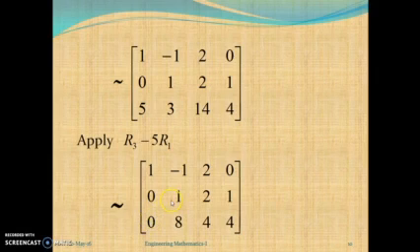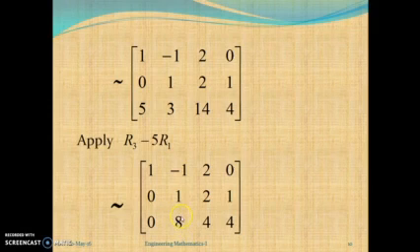Next we make all entries below the second diagonal element 0. The second diagonal element is 1, and below it there is an 8.